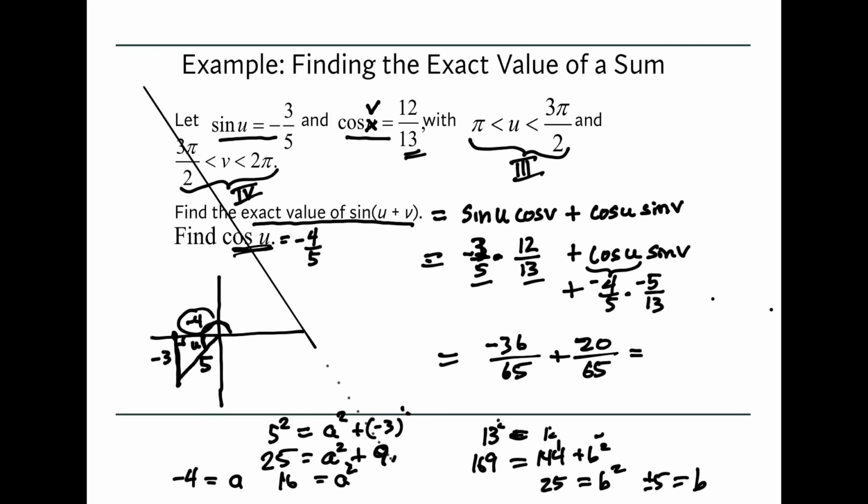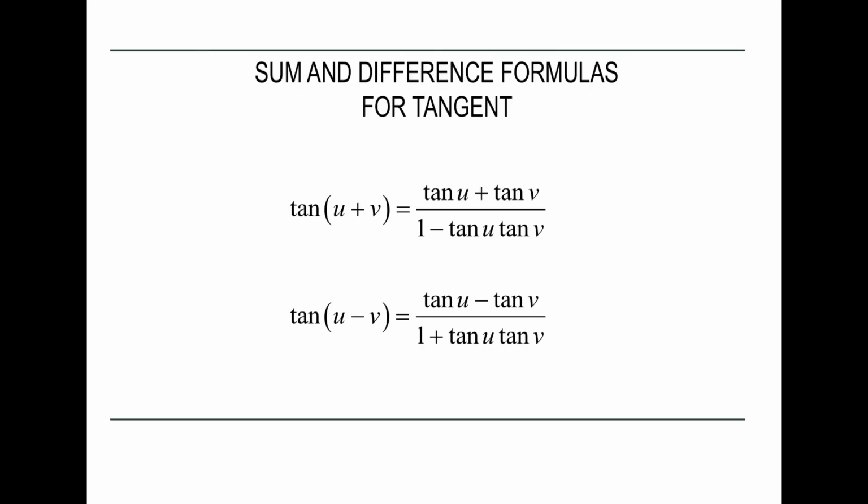So now we can actually get our, this is positive 20. This would be -16. We have more negatives than positives over 65. This is the exact value of a sum of two angles given what we were given at the beginning there.